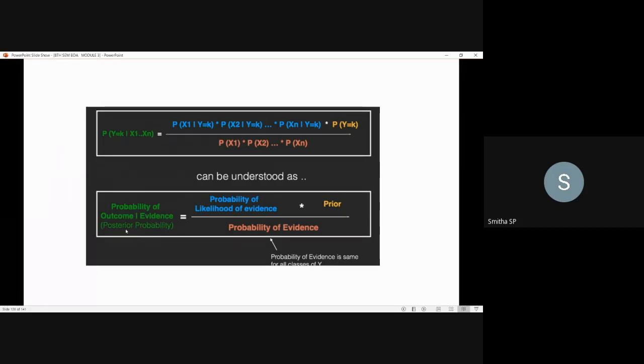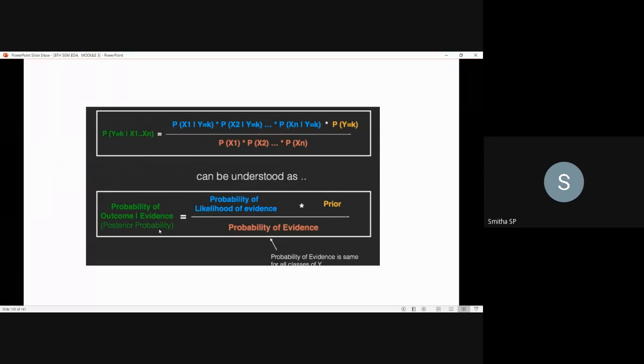We call this the posterior probability. In technical terms, the left hand side, or LHS, of the equation is understood as the posterior probability, or simply the posterior.